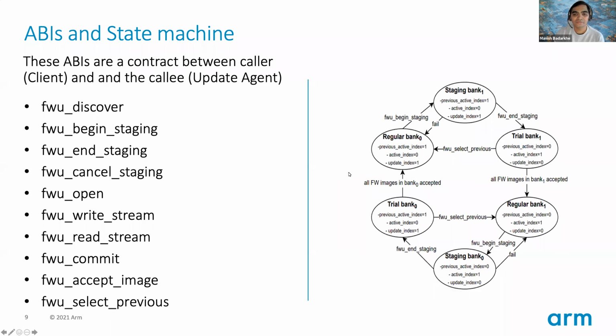Once the update client gets a new firmware, it will send a call to start the staging to the update agent. The update client will use these APIs, like FW open, to send those images to the update agent, and the update agent will finally flash those images to this particular bank, that is bank 1.